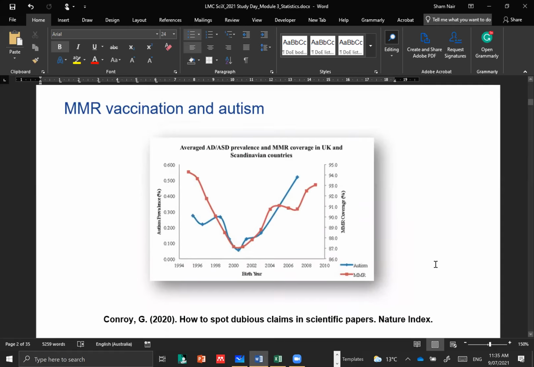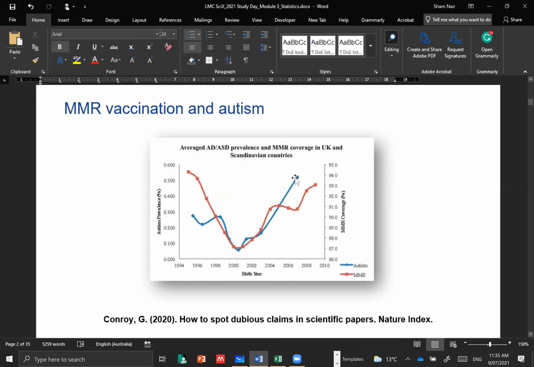But it can become significant. If you look at this graph here, this is actually from a publication, a while ago, that looked at the uptake of the MMR vaccine, that's measles, mumps, rubella, and so on. That is shown as the red line. On the horizontal axis, you've got birth year, and on the vertical axis on the right is the MMR vaccine coverage, the rate of vaccination shown in red.